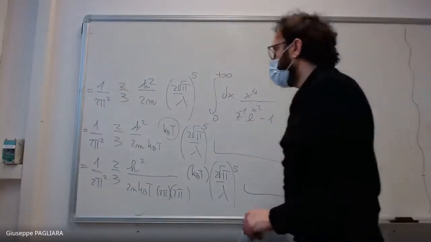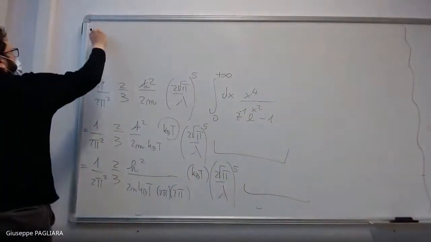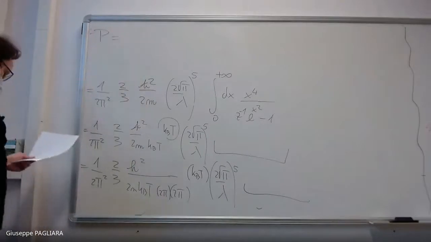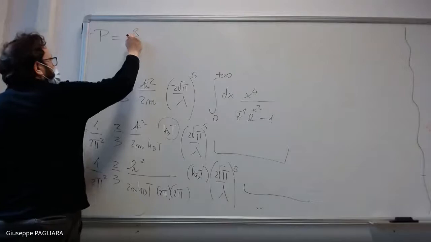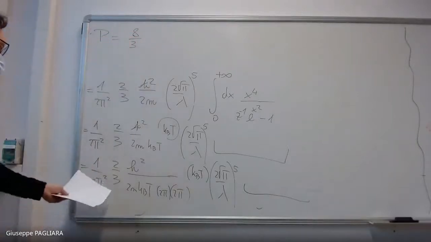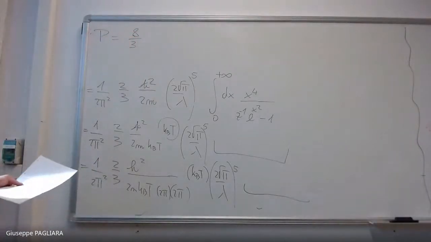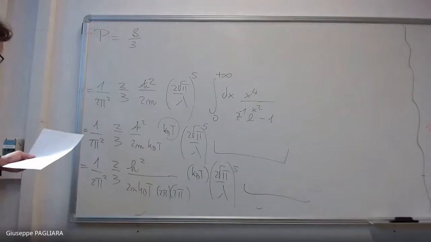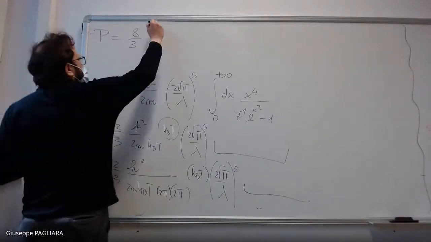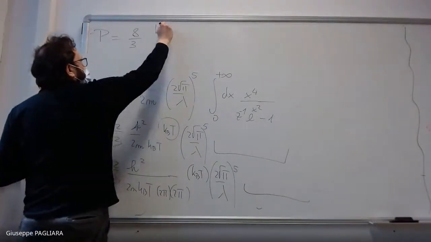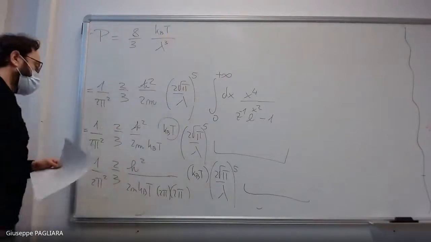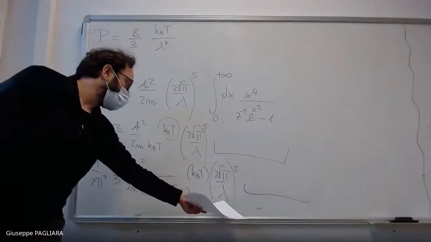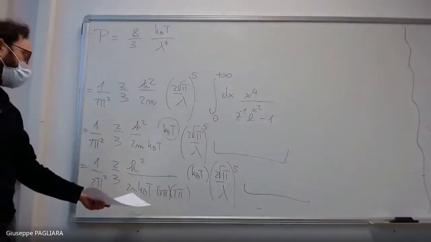The pi. So P is equal to 8/3. A third remains, there should remain an 8. 8/3 kBT. Then I have a lambda to the power of 3, because here I have lambda to the power of 5, and here lambda to the power of 3.